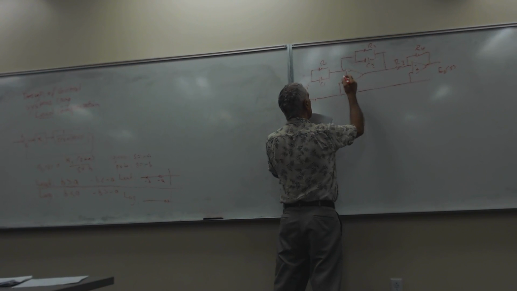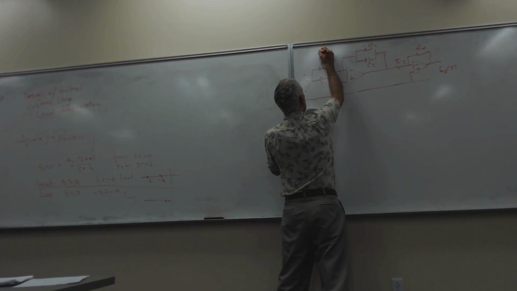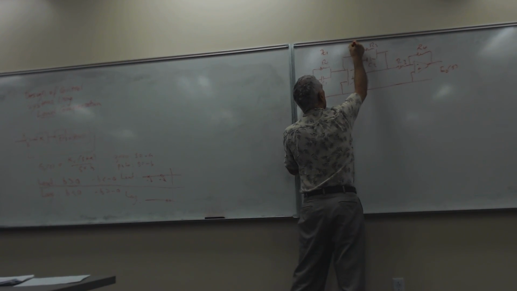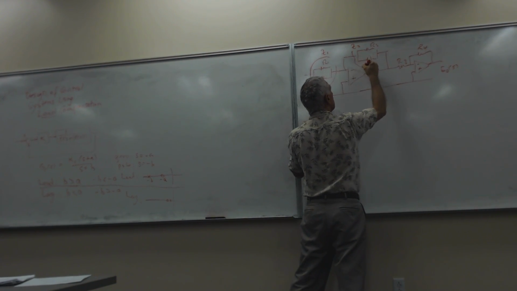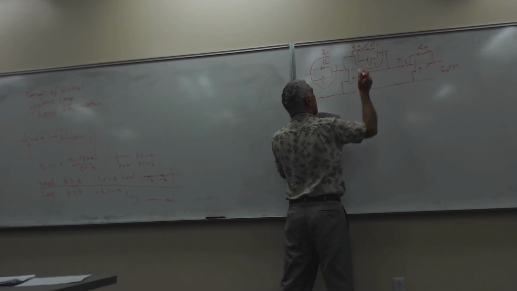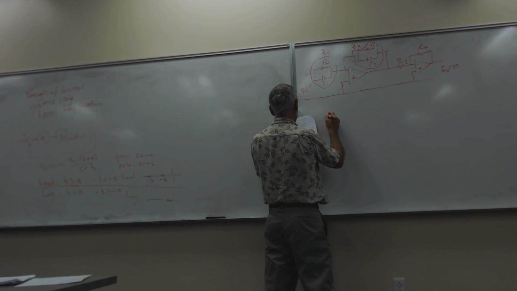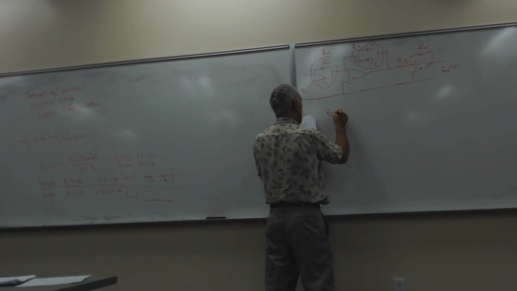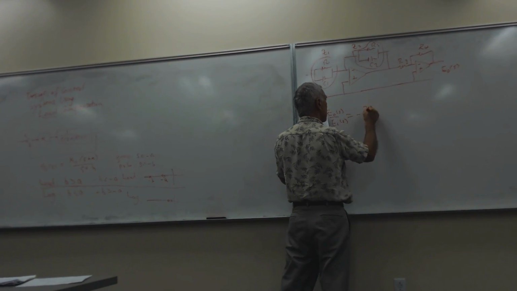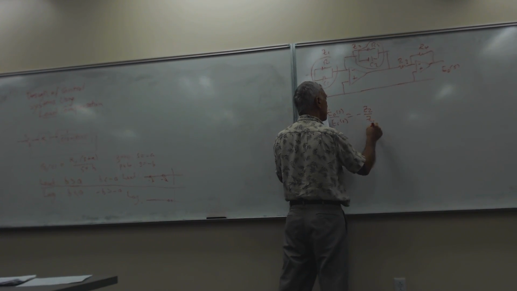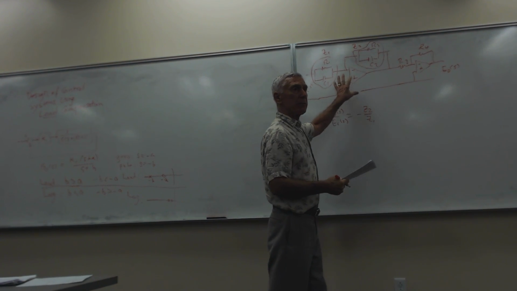And remember the transfer function, if we call this Z1 and that Z2, in other words, the Z1 is this and the Z2 is that, then we could express E out over E in as minus Z2 over Z1, that takes care of the first part.